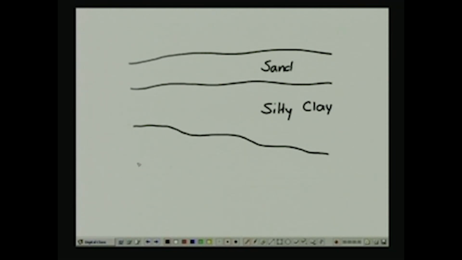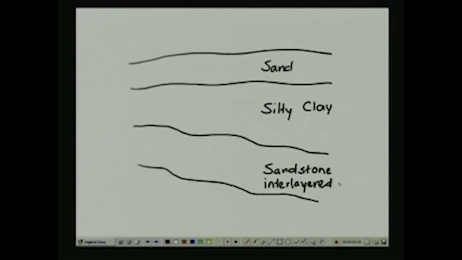Now, underneath the silty clay there could be a sandstone bedrock, which could be interlayered with, say, siltstone, and underneath the sandstone layer there could be a siltstone layer.